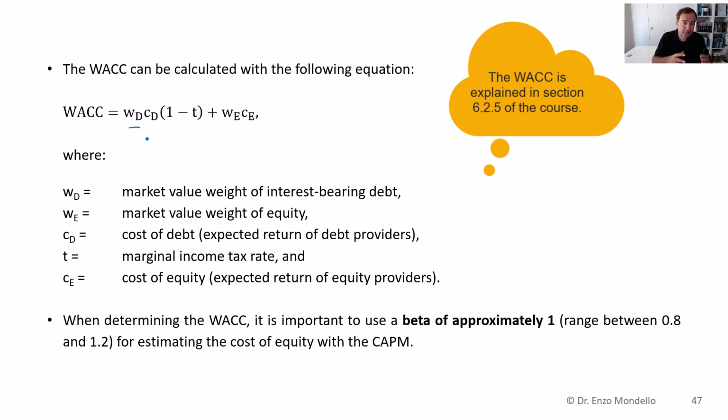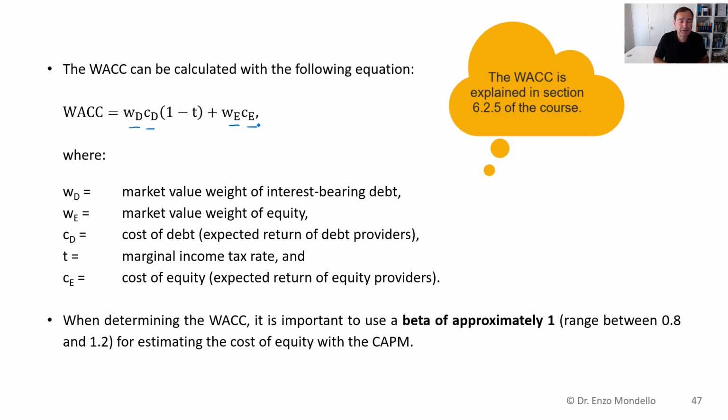That's multiplied with the cost of debt. The cost of debt is the expected return of the debt holders multiplied by 1 minus the marginal income tax rate, and we add to it the market value weight of the equity times the cost of equity.